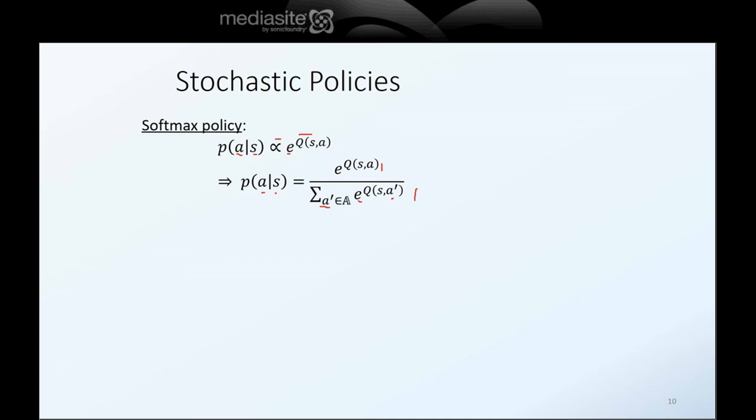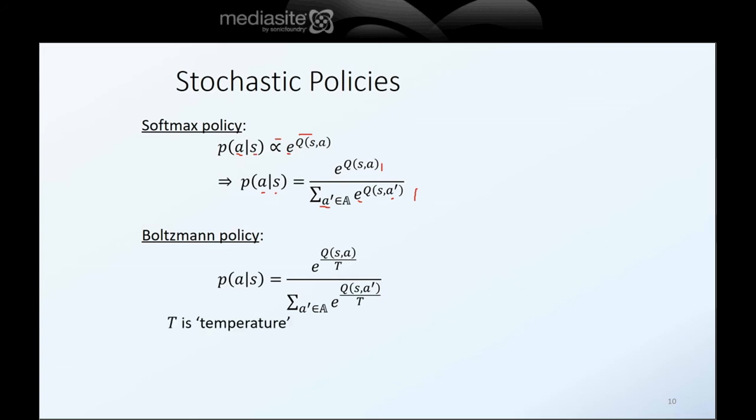A variation of the softmax policy is called the Boltzmann policy. The Boltzmann policy includes a new parameter called T, the temperature. When the temperature is infinity, when the temperature is very high, e to the power of Q divided by infinity is e to the power of 0, which is 1.